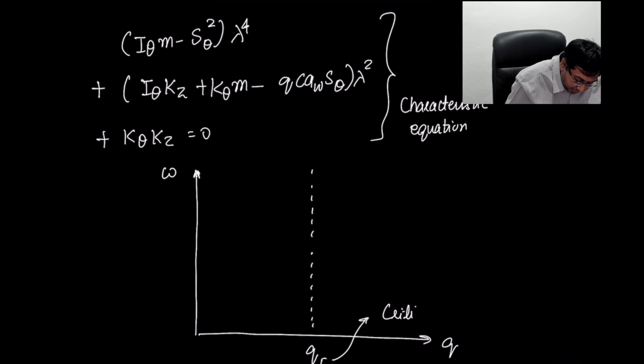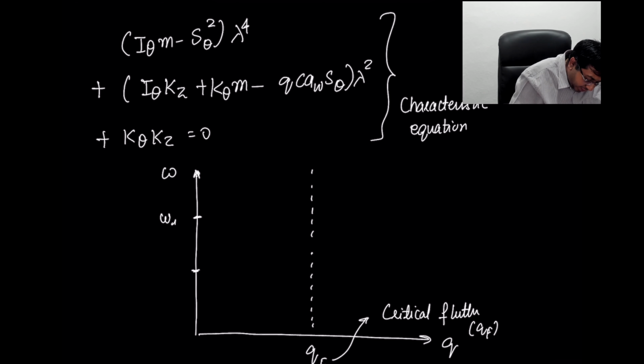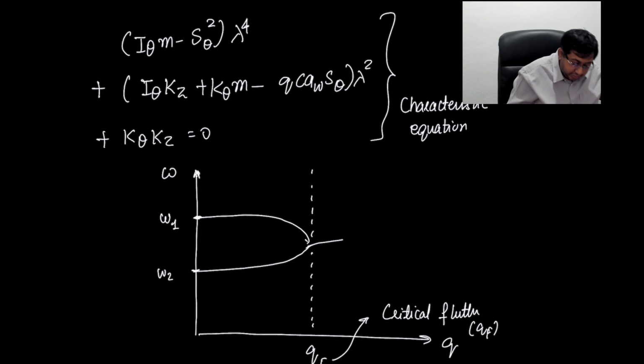Critical flutter QF, right? So then if we plot out, let's say we initially had two roots, omega 1 and omega 2, as we saw earlier. If there's no damping in the system, as this reaches the flutter speed, it merges into a single point. But then if there was damping in the system, then they come near and then they move far away again.